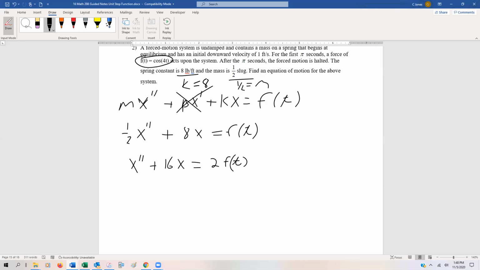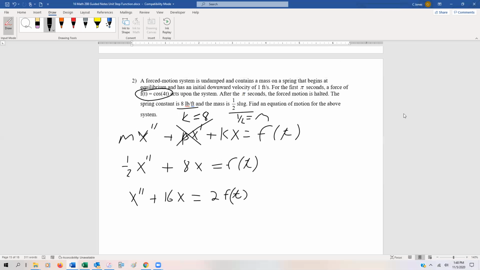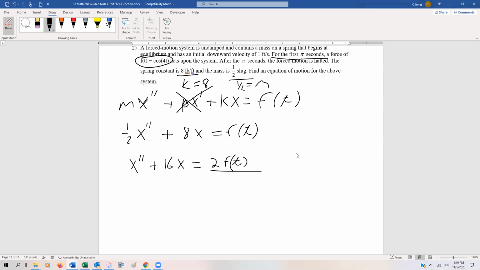Well, f of t is going to be a piecewise function, right? Because we have to make sure that it adheres to the fact that for the first pi seconds, the force is acting upon it, right? So here's our function that we probably want to use. We know that f of t is going to be equal to the unit step function of t times cos of 4t.